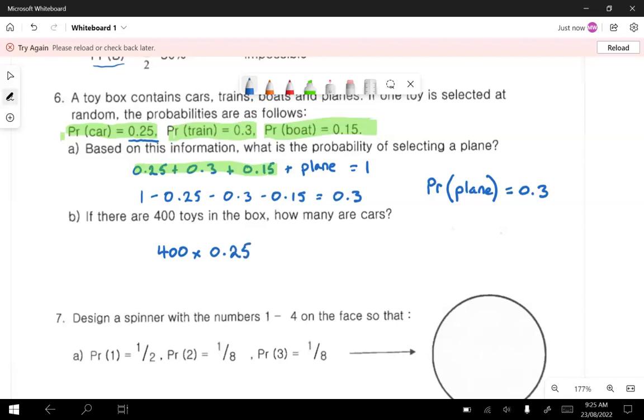You've got exactly a 25% chance of pulling out a car. But to work this out mathematically, you take the decimal as the probability and multiply it by the total amount, and that will give you 100. So there are 100 cars in the box.